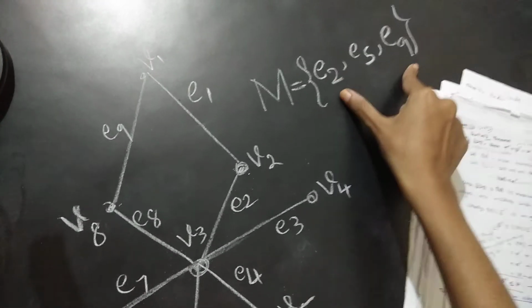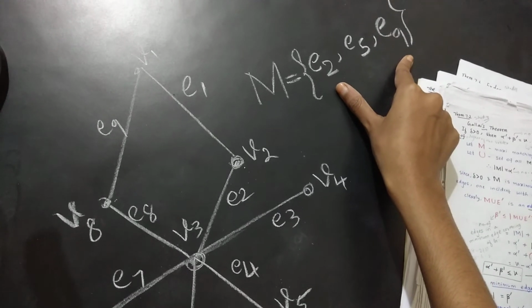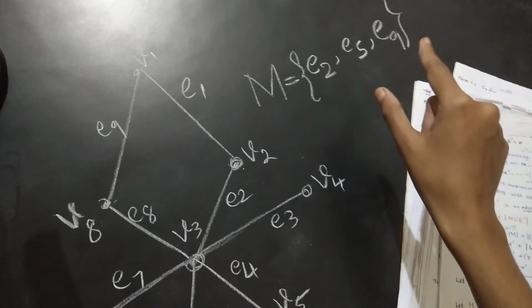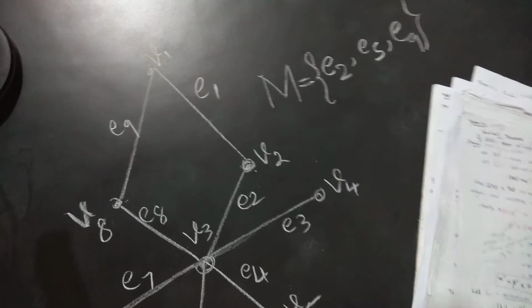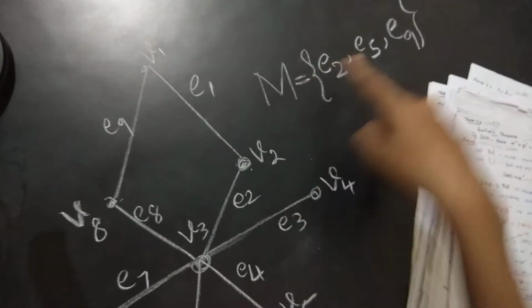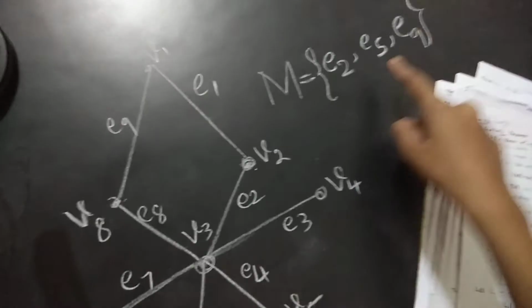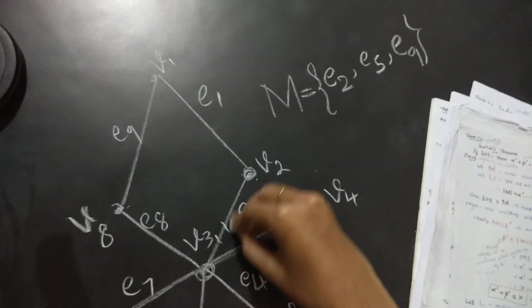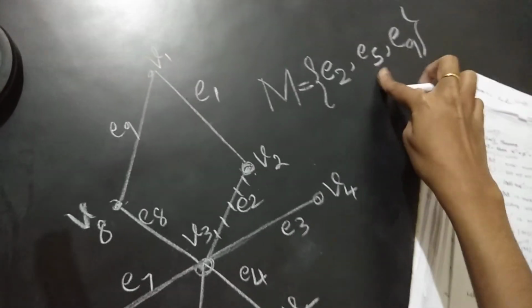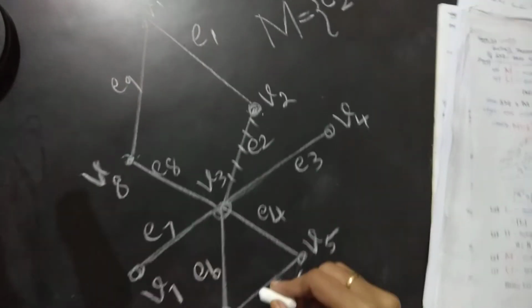All the edges present inside this matching should not be adjacent to each other. That is the condition of the matching. If you check it, this matching will satisfy that condition. Here you have E2, I am marking E2 here. And what is E5? Here you can see E5.